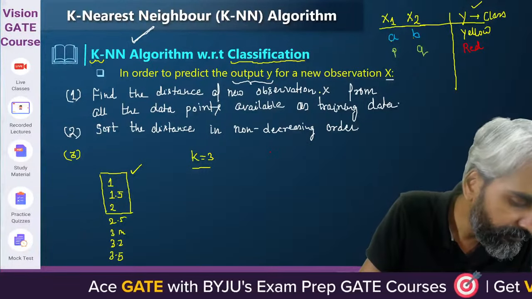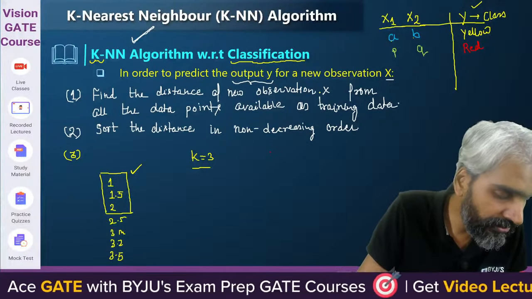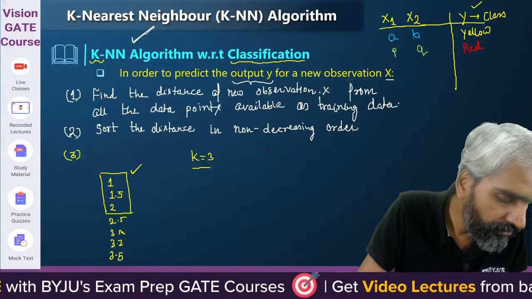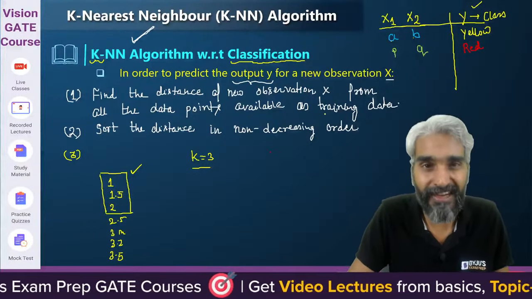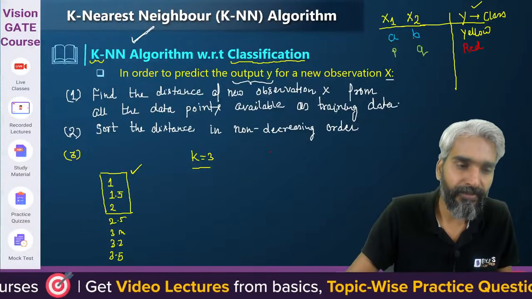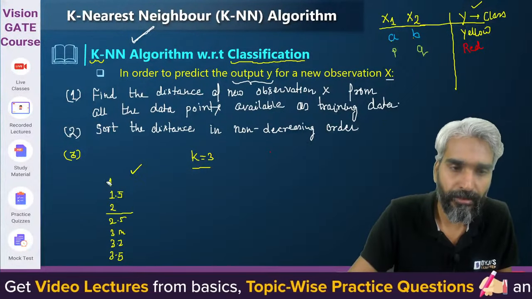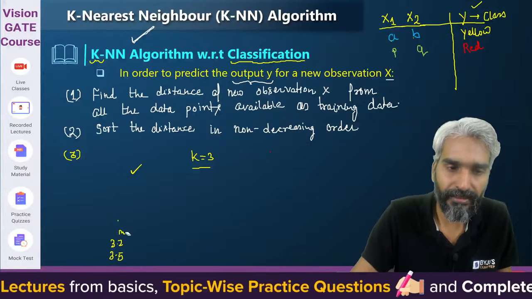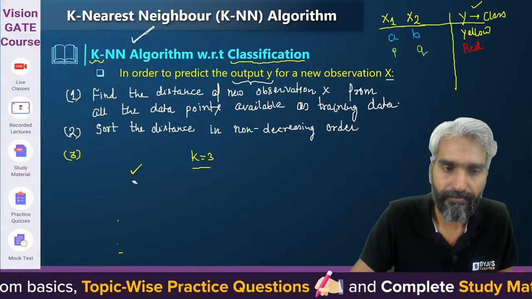Got the idea? Sir, can we say classify? Yeah, we can say so. Classifying training data. Right, so the next thing is that we will arrange all the distances in order. Then what?